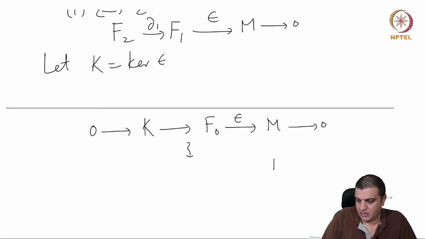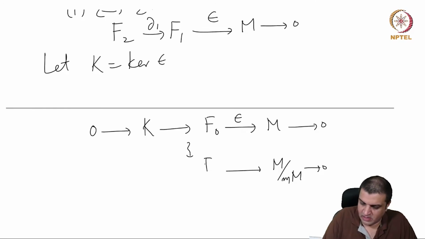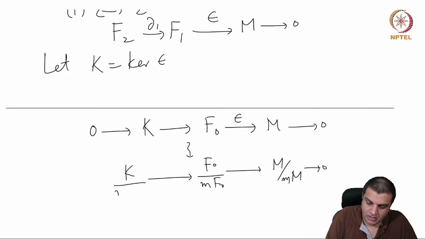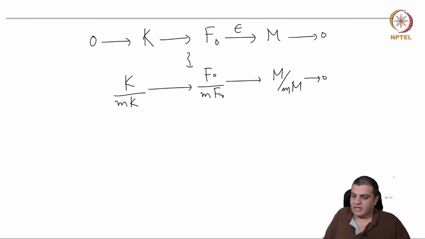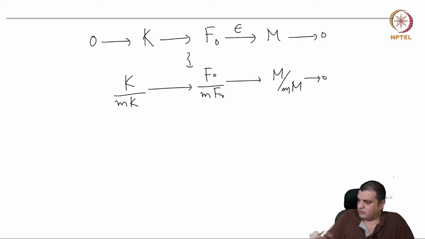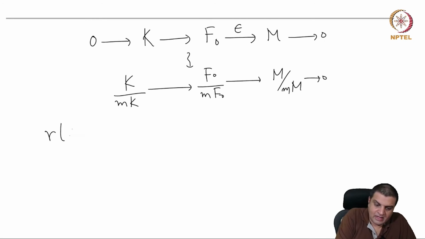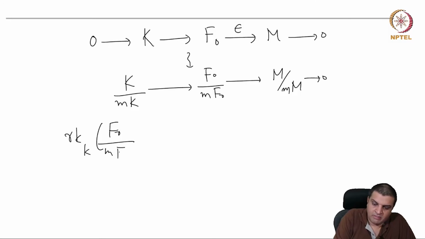This gives M mod mM. We have seen this earlier: F0 mod mF0 and then K mod mK. This need not be injective, but we get such a map. So we cannot fill this back inside here, but so much of this is exact. Now what is the hypothesis? Before we get into the hypothesis, the rank over k of F0 mod mF0 is the rank over R of F0.